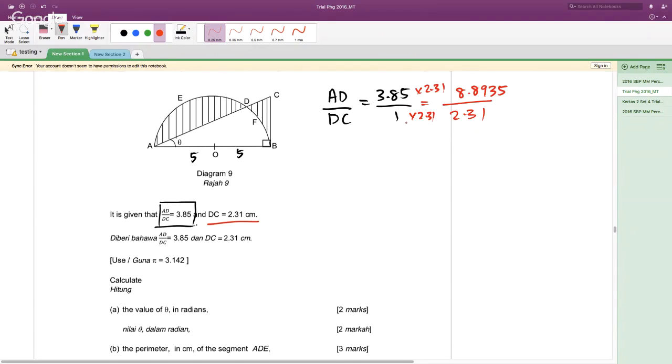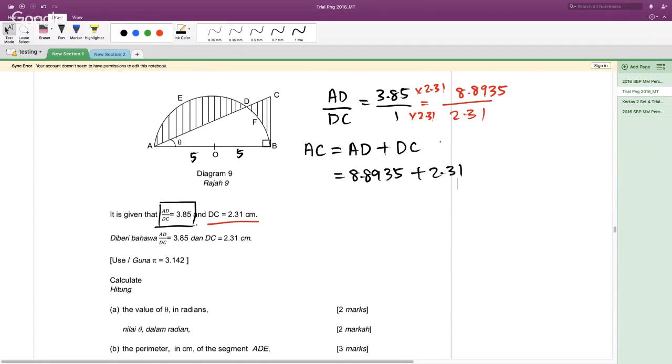The question asks me to find a radian. To find it, I try to find the distance AC. From the diagram, AC is AD plus DC. AD is 8.8935 plus DC is 2.31.